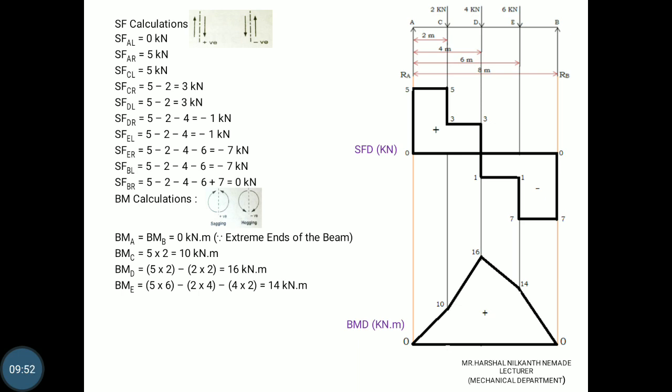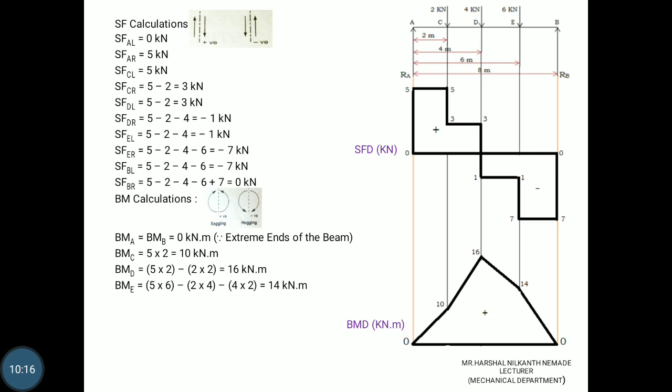At B left I will get the same value, minus 7 kilonewton, but at B right I will get a value that is 0 kilonewton. So whatever value I have got in SF calculation, I will mark on the diagram. I will make one straight horizontal line in the middle, and that will be 0 0.